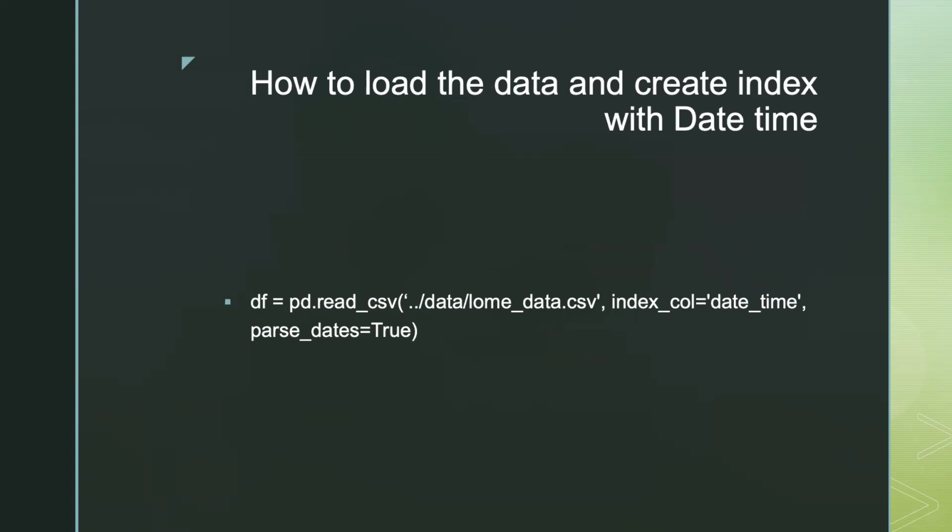Another important concept in any time series model: when you pull the data from CSV or anything like that, you have to make the index column a date time. Even though before saving the index column might be date and time, once you save it, you lose that behavior. It saves as a string. Again, you load it, you treat it as a string.